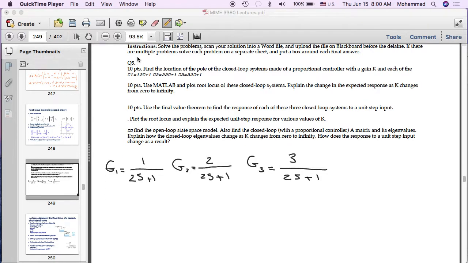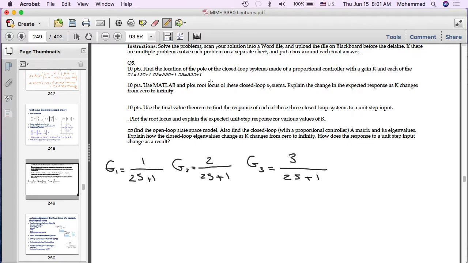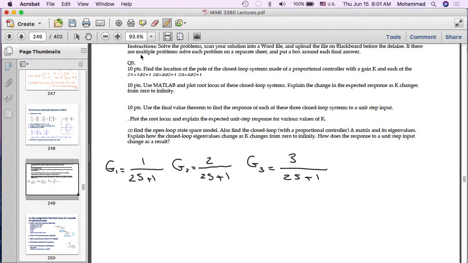So the type of closed loop that we're talking about is made of each of these three and a proportional controller.